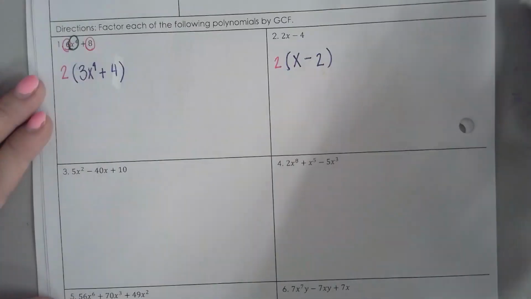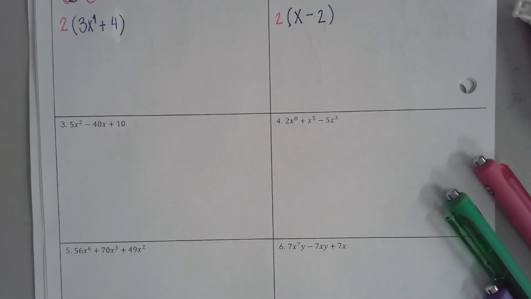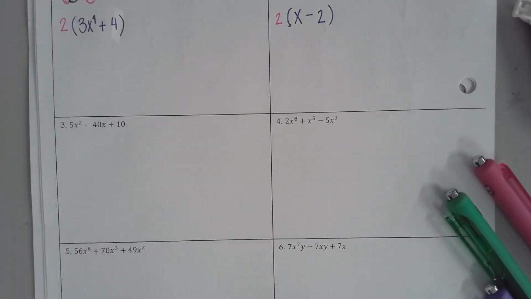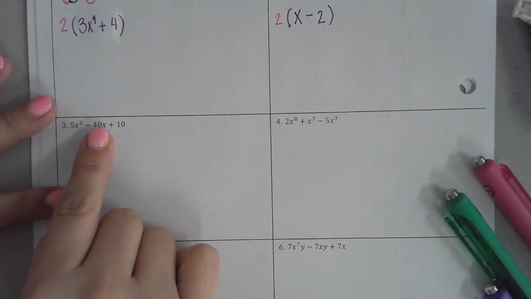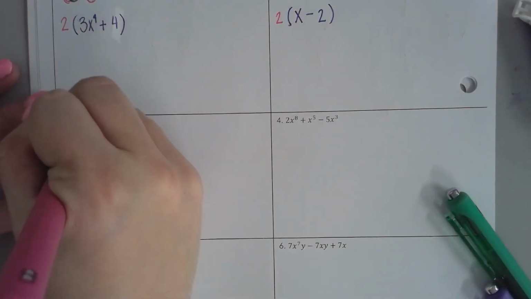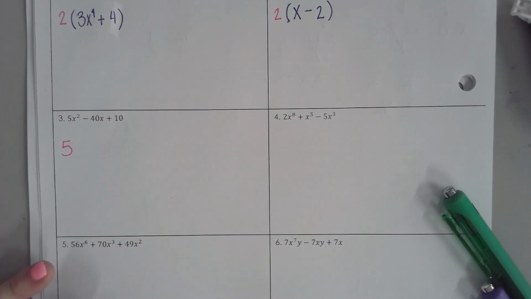Number 3, we have 3 terms, so we've got to make sure whatever our GCF is that it'll go into all 3. So what can you divide 5, 40, and 10 by? 5. All right. Now, do all 3 of them have x's?